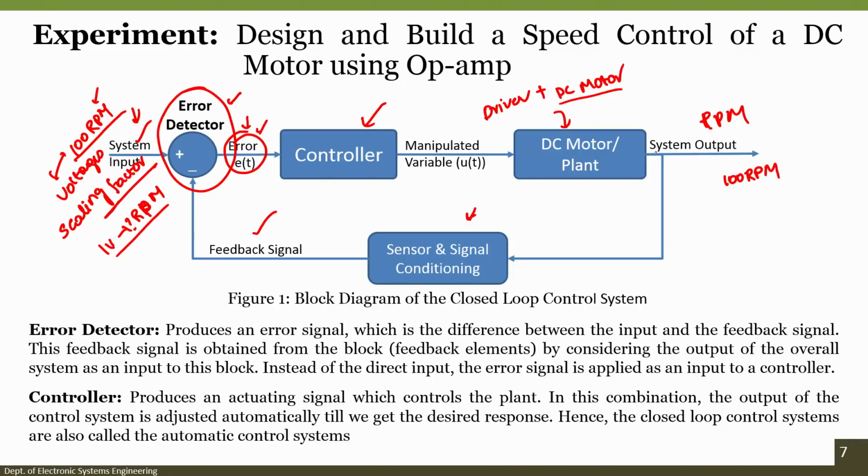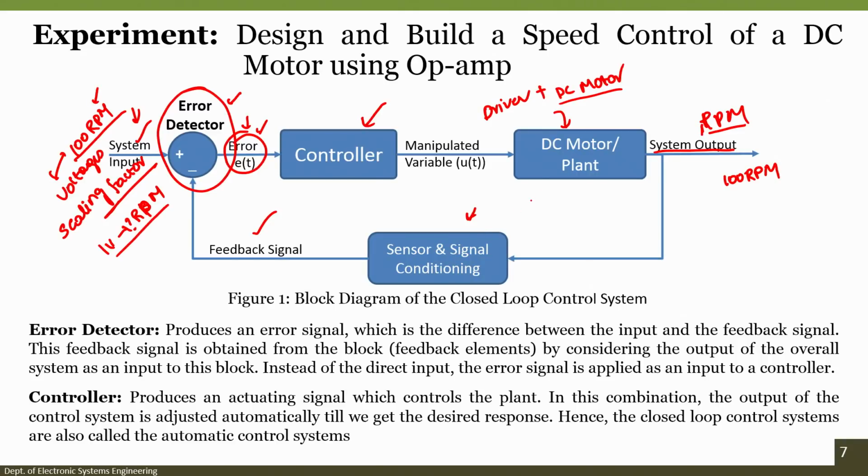Then the system, in this case the plant, will rotate at that particular RPM, but how do we understand at what RPM the system is rotating? Since RPM is in another physical domain, and the complete system also requires an electronic unit, we have to incorporate a sensor.